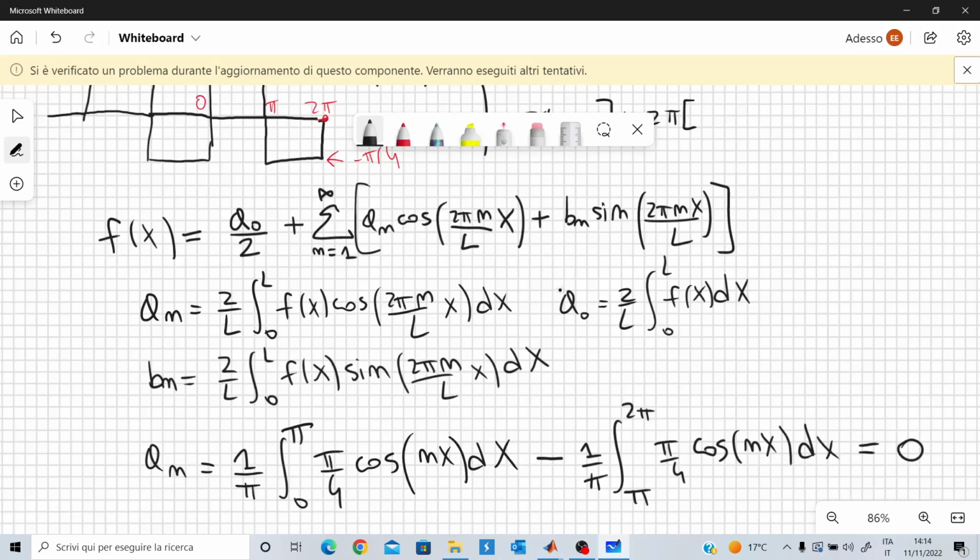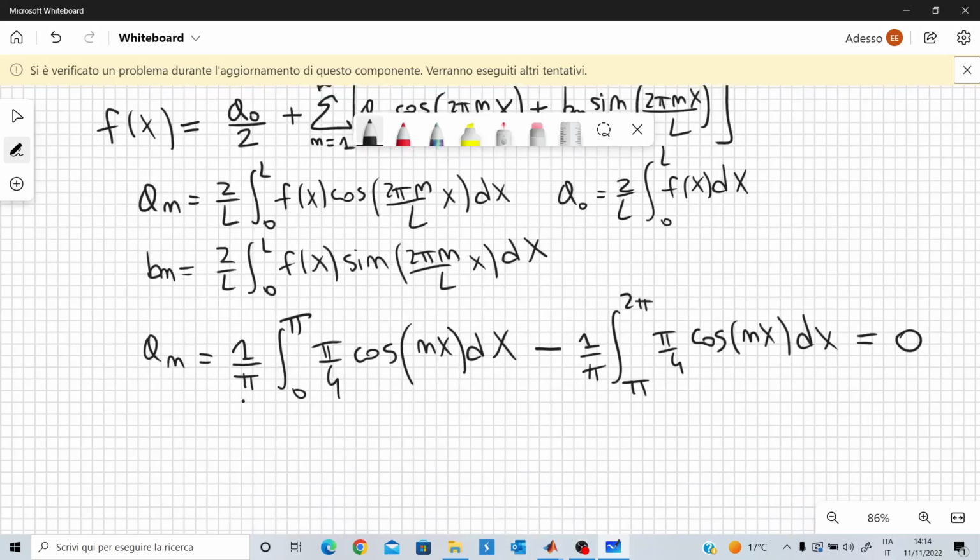They will yield 0. And a0 is also equal to 0 if we do the calculation, whereas bn, after a simple calculation, you get 1 over 2n, 1 minus (-1) to the n, like this.